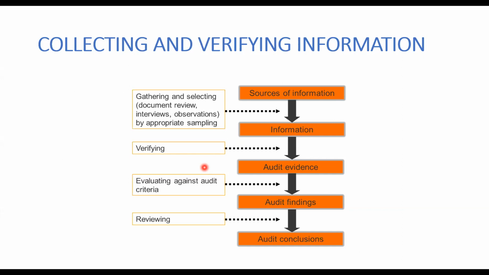As I told you, during the audit, you will get maybe 100 pieces of information, but these are not all related to your criteria. It is not necessary that all of them will be meeting the requirements of our audit scope. So you need to filter out that information. Those pieces of information which can be verified with the standard, with the clause, with the policy and the procedure, with the legal requirement, could be our audit evidence.